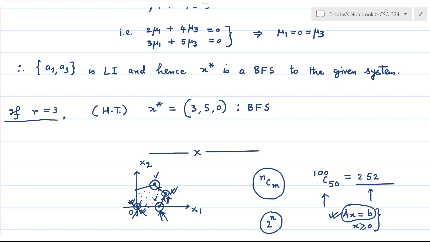And geometrically, the simplex method says that you start from a feasible solution, then you reduce to a basic feasible solution, and from a basic feasible solution, you move to the adjacent basic feasible solutions, moving to that adjacent vertex which gives you the maximum improvement out of all the adjacent vertices of a given basic feasible solution.